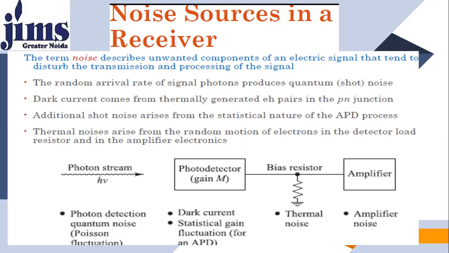So we have to first understand these noises. When you understand the noise, then you are able to follow the procedure to remove it. So first of all, we want to understand the sources of noise that come into the picture in the receiver, so that we are able to remove them.